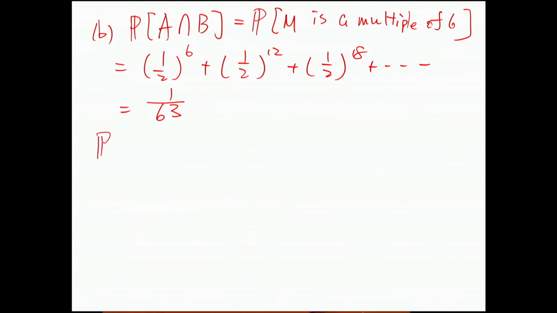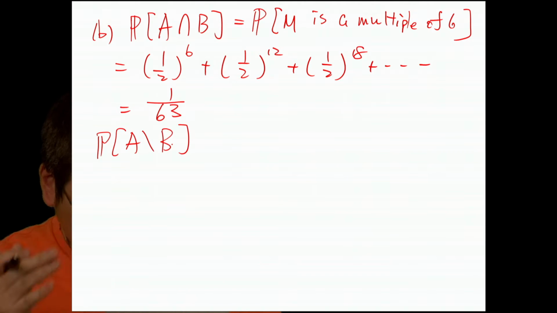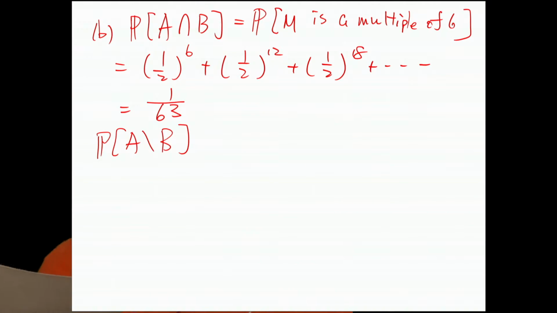And the probability of A subtract B, which means n is an even positive integer and not a multiple of 3.